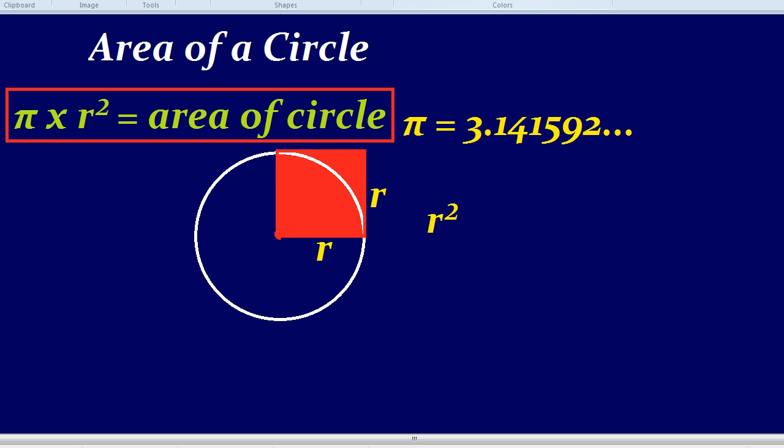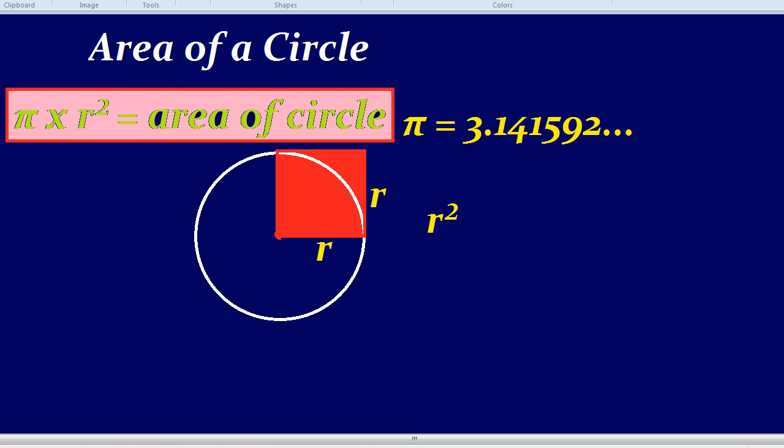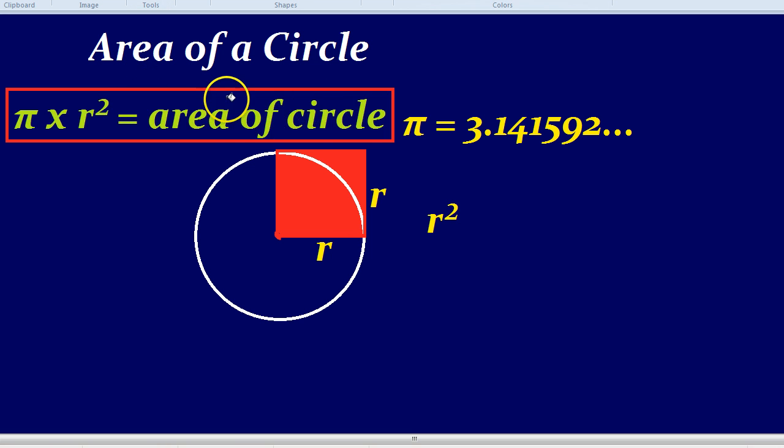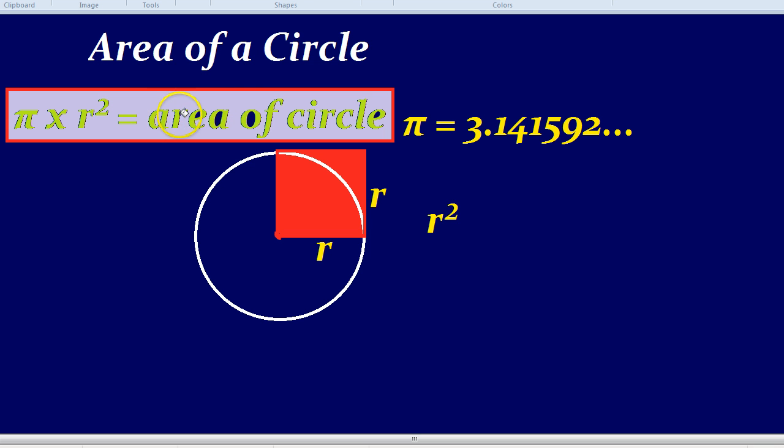Let's highlight it perhaps like this. Maybe not that. Like that. So pi times r squared is the area of a circle. Now, using that information, we can do almost any circle, in fact, any circle, and get its area.